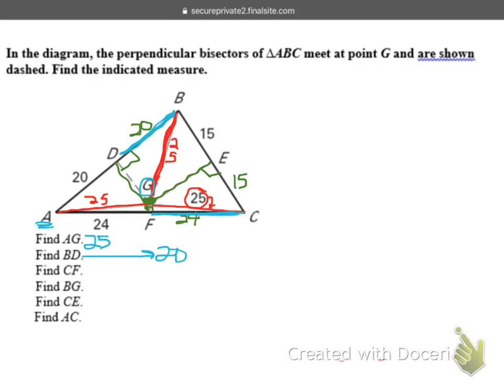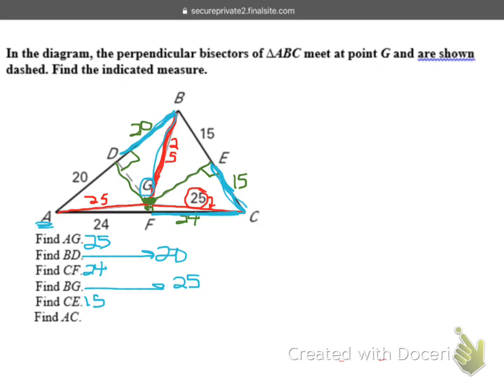It's the base of the triangle, and CF is 24. Okay, BG is from the vertex down the red line to the G, which is the circumcenter, and its length is 25. Okay, CE is right here, and CE's length is 15.